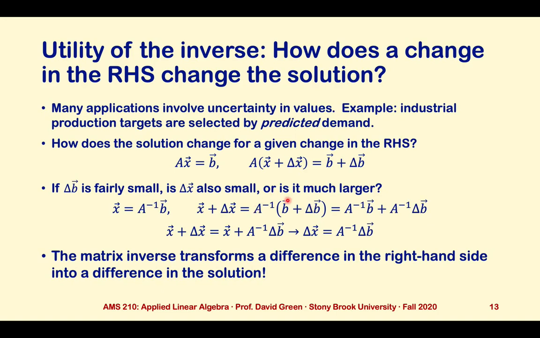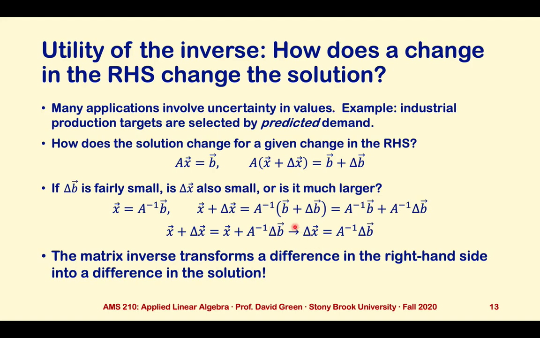We know, however, the rules of how we can distribute matrix multiplication into a sum. So this becomes A inverse times b plus A inverse times delta b. But A inverse b was our solution to the original system. So we see that x plus delta x is x plus A inverse delta b.